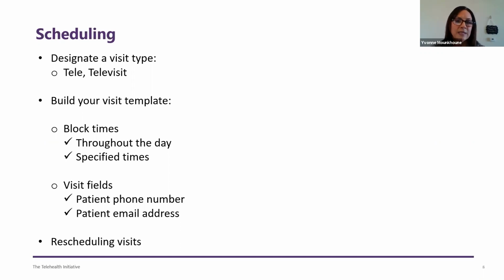You might want to have some technology related information in there, like their phone number, email address, whether they have audio only capability, if they've had trouble connecting in the past, or if the patient is hard of hearing, a potential issue that could impact the telemedicine visit. So you might want to have some fields or notation places for things like that.